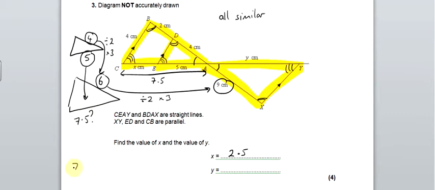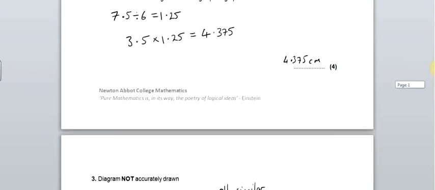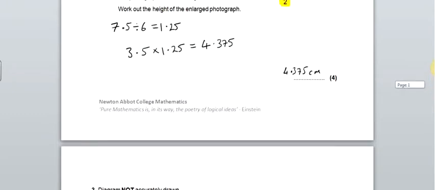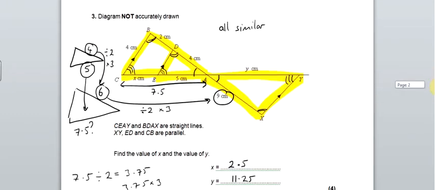So I do 7.5 divided by 2 gets me 3.75, and 3.75 times by 3, which gets me to 11.25. No, that's fine. Right.